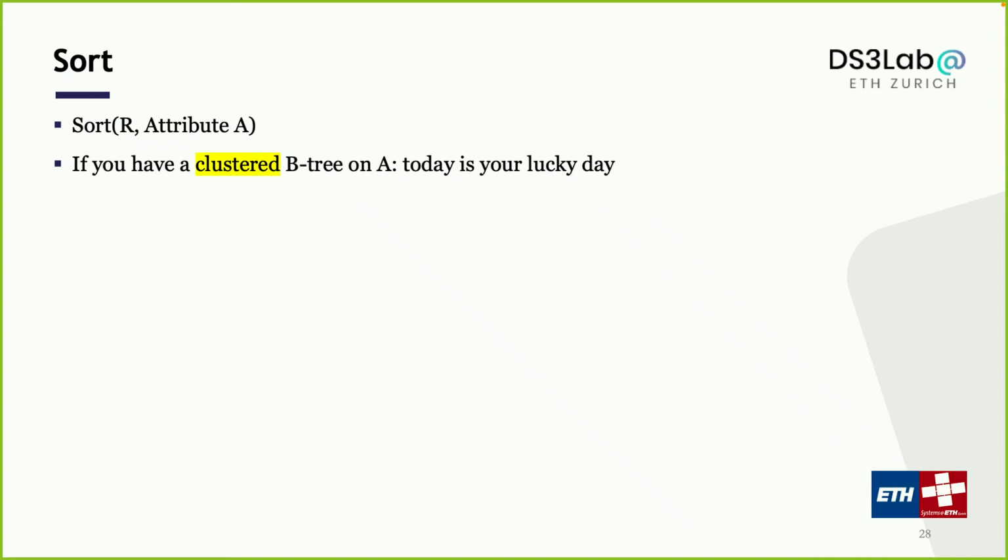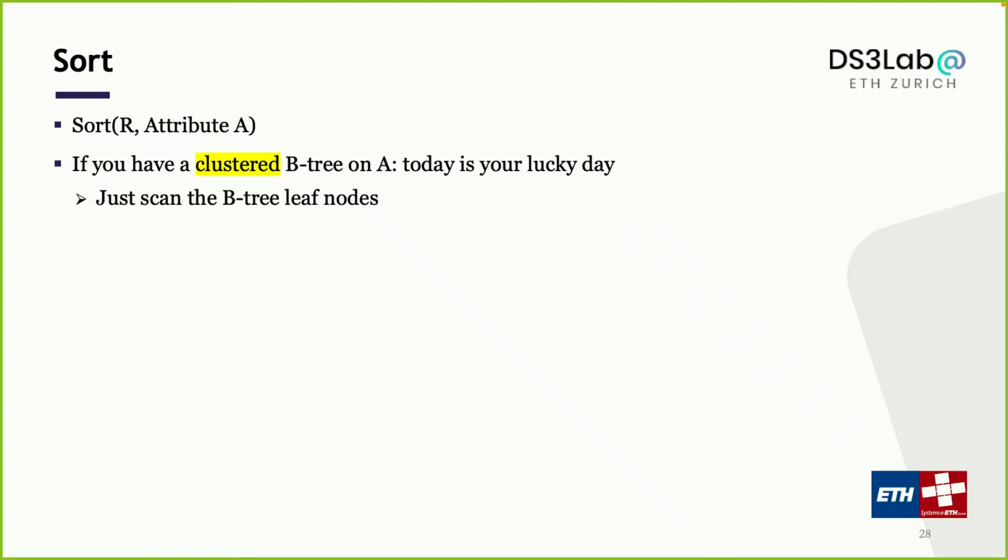The first case is, if you happen to have a clustered B plus tree on this attribute A, you are done. The only thing you need to do is find the first leaf node and scan it. By the definition of the clustered B plus tree, that gives you an ordered relation in the leaf nodes. But often you are not that lucky.